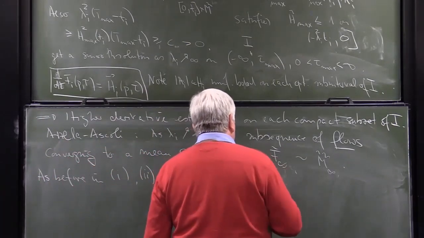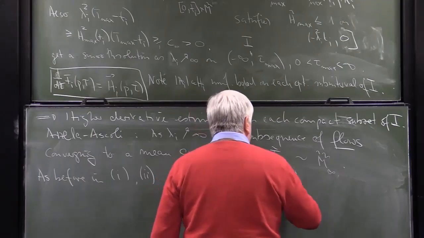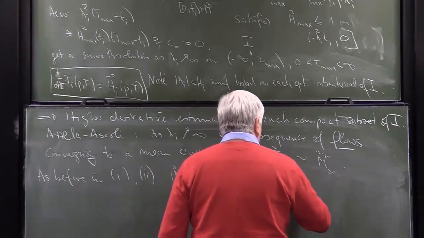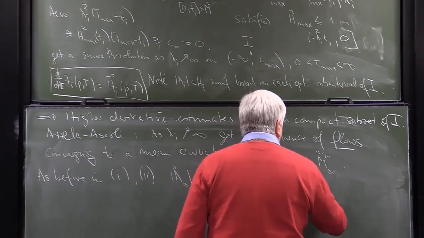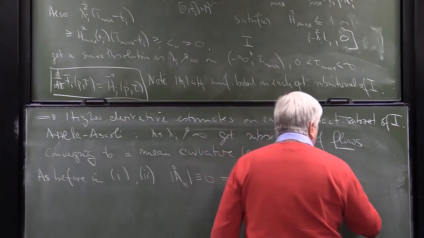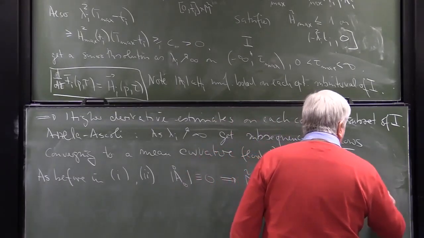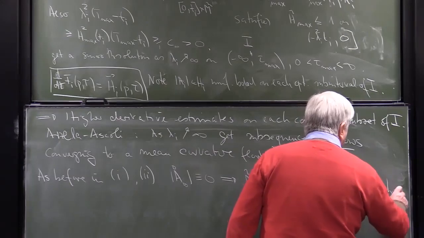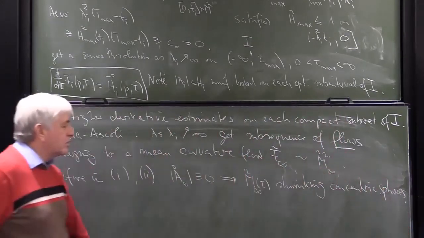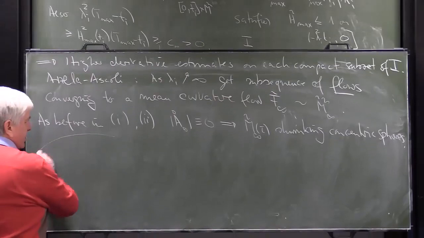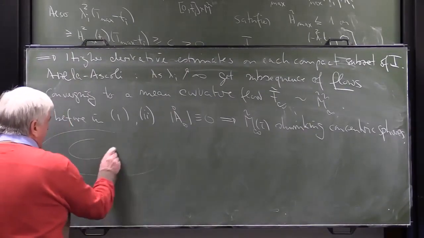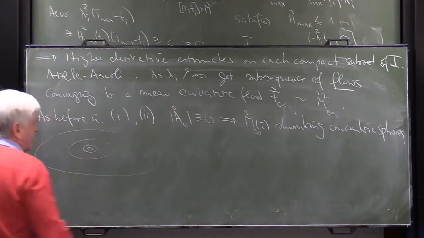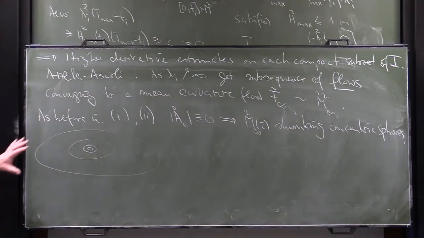So M infinity tau is shrinking concentric spheres. So we have this picture of mean curvature flow on the finite time interval contracting to this point.